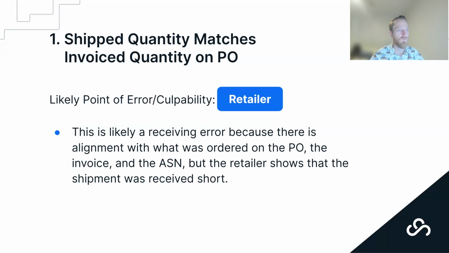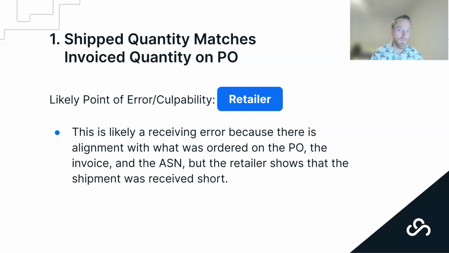And in this case, we're looking across the entire PO. And what this root cause is saying, if you look at the total invoice quantity on the PO and you compare that to the total shipped quantity, these match, but you had a shortage deduction. So based on this, you shipped the same amount of cases or eaches that you billed for.